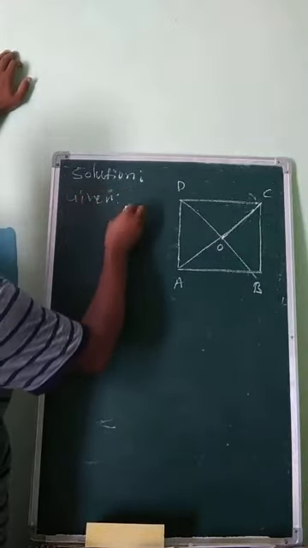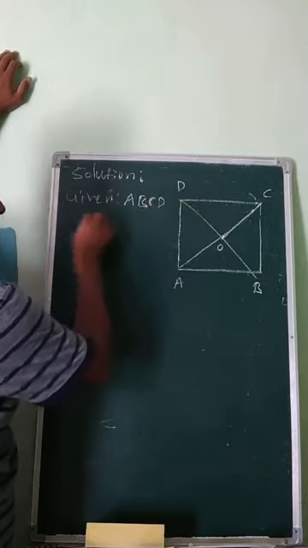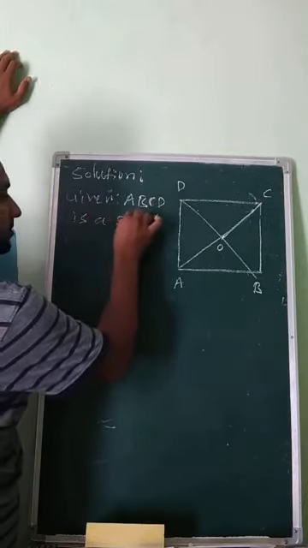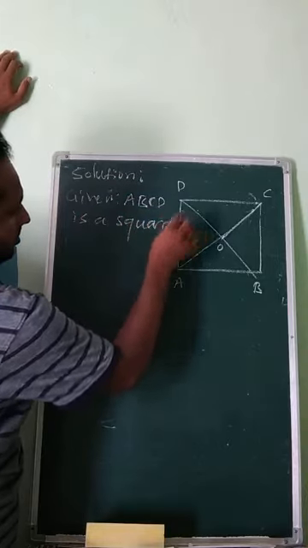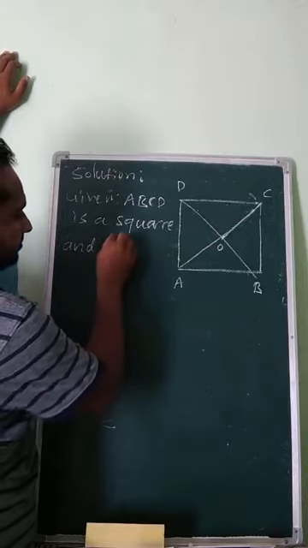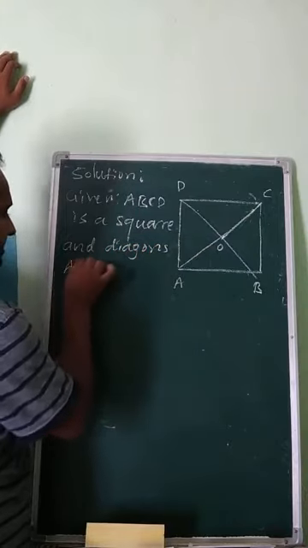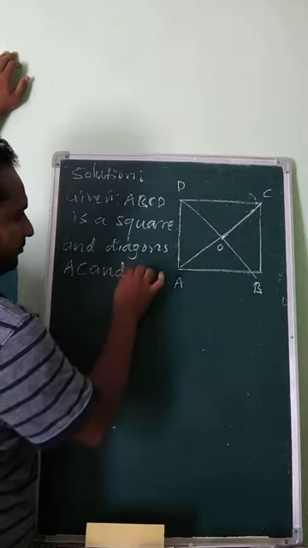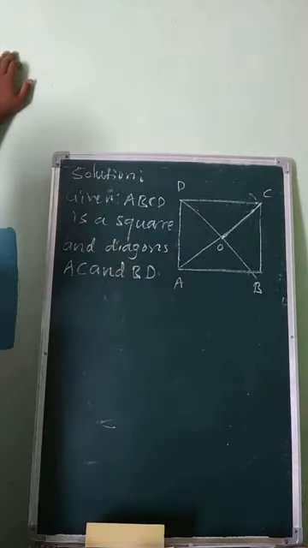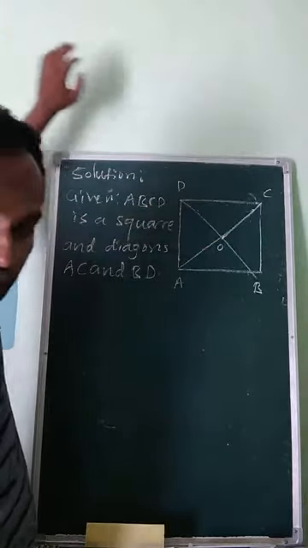What is given? ABCD is a square and the diagonals AC and BD. Now first you have to prove that the diagonals of the square are equal.